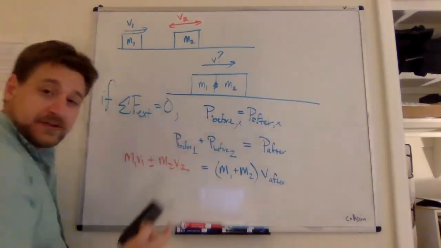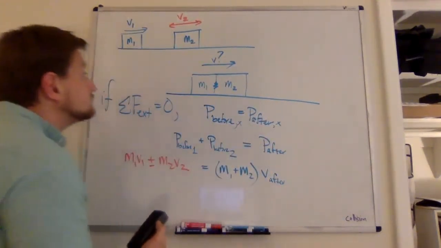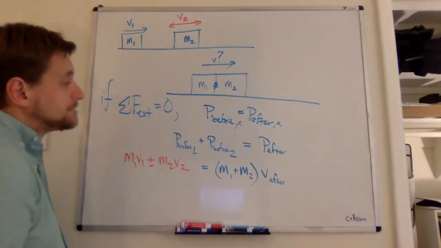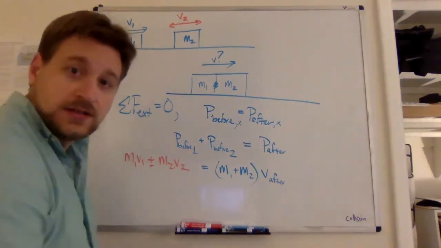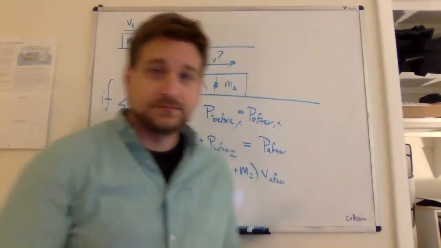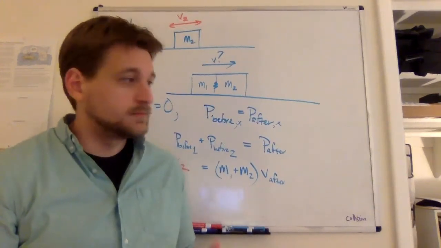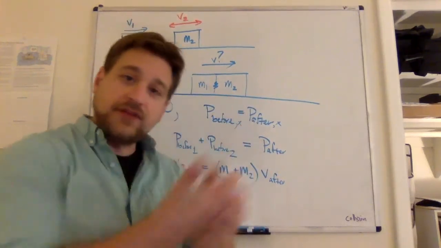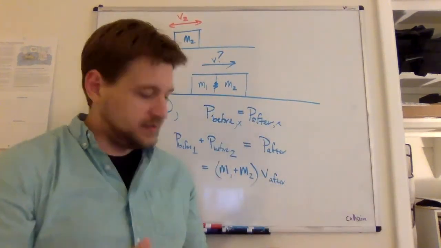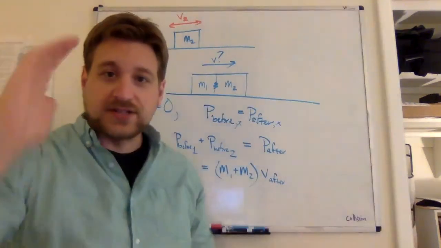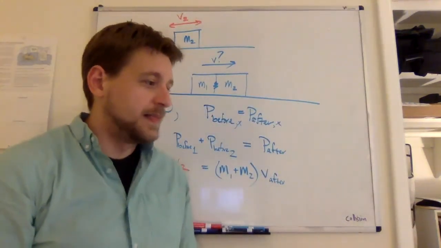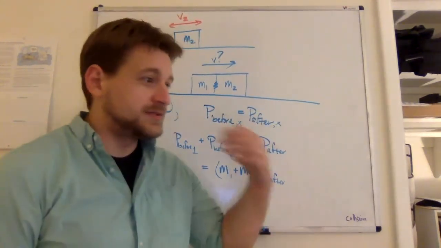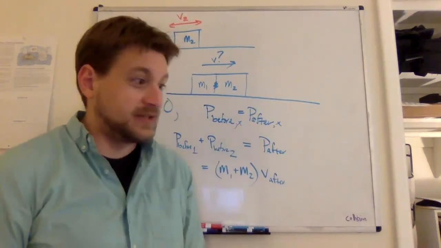What if they don't stick together? I mean, obviously, we've experienced situations where 2 things collide and they don't fuse together and travel as one after they collide. They collide and move off in different directions. I'm thinking about pool balls, like billiard balls. Thinking about cars, right?